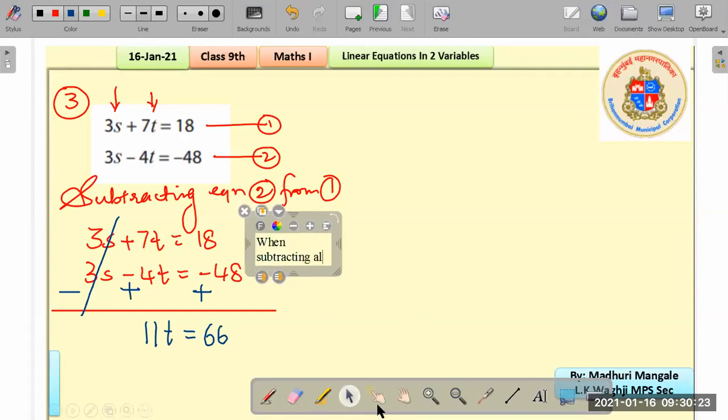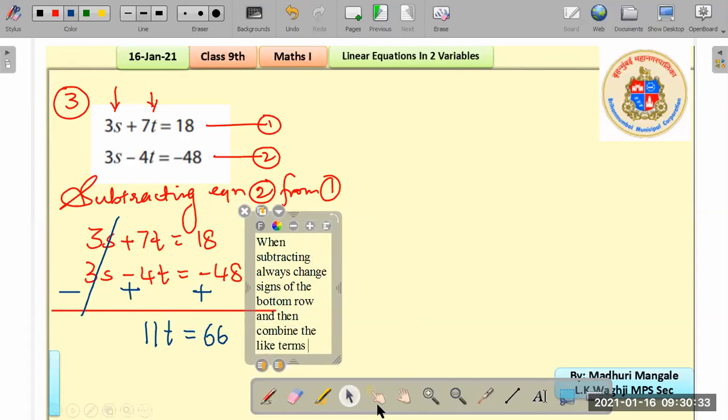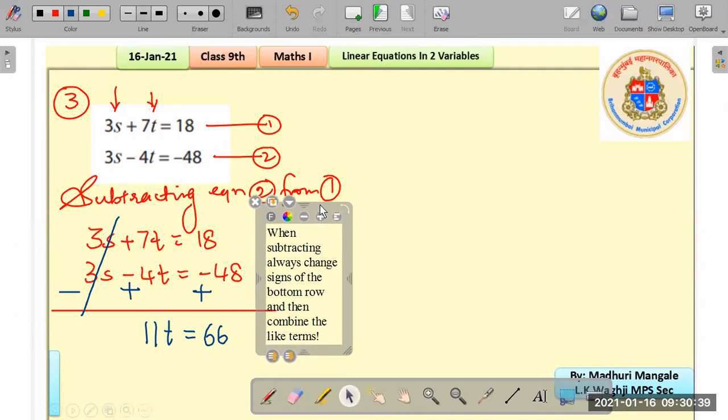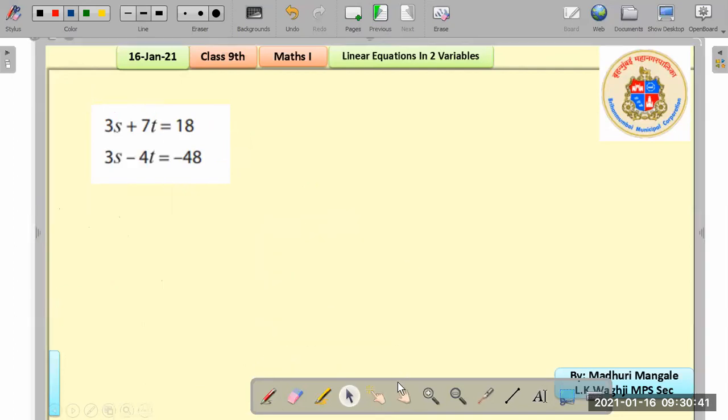Okay, so a very important step when subtracting: always change signs of the bottom row and then combine the like terms. Okay, do remember this step because most of the students get it wrong because they miss the step over here.